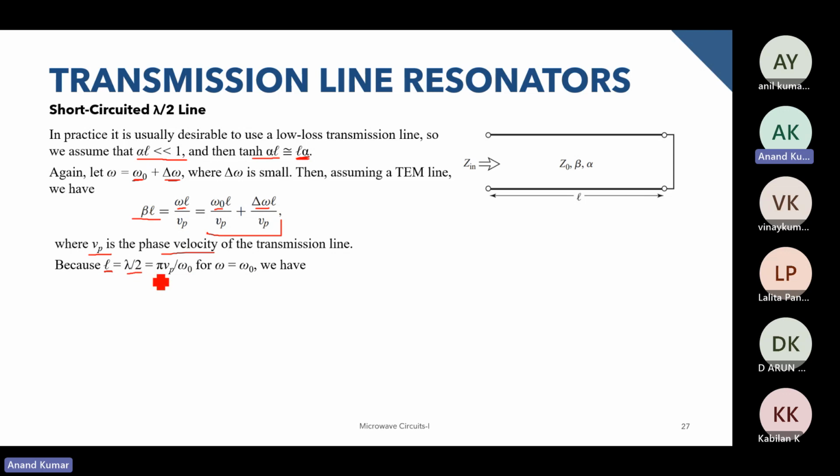We are just substituting lambda in terms of the velocity and frequency. For omega equal to omega naught, this whole thing simplifies to pi, and going from here to here uses L equal to pi Vp by omega naught.